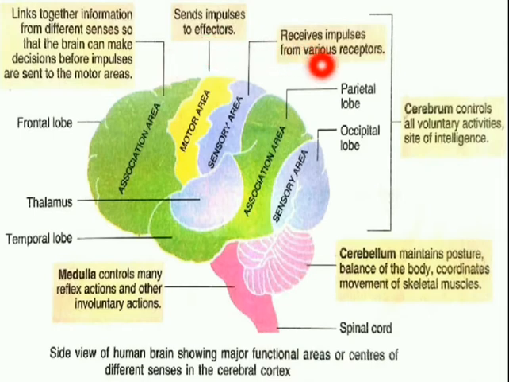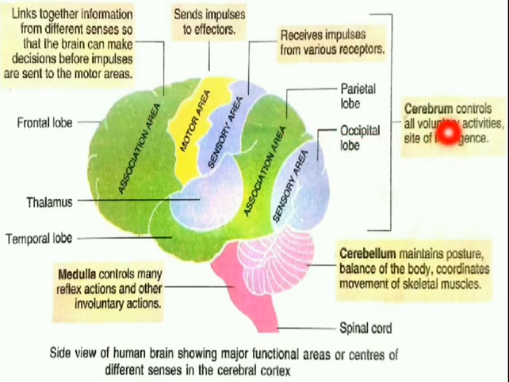Means this sensory area receives the impulses from the receptors, and then this association area collects that information, links it together, converts it into a decision and sends it to the motor area. And from here the motor impulses, in the form of a command or order for the appropriate action, are sent to the effectors, right? This portion is the thalamus, and other various lobes are again depicted here.